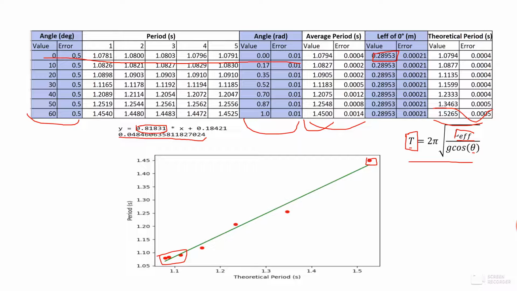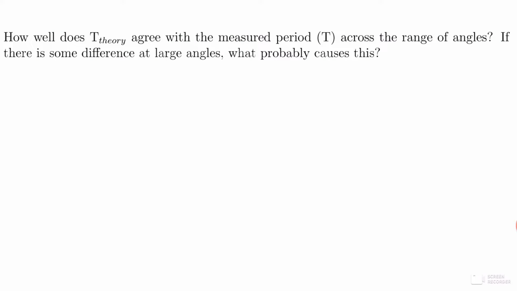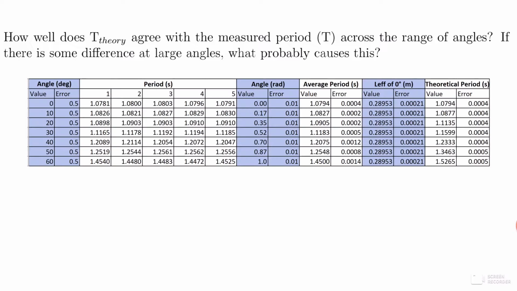And the ones at the end, the ones at higher degrees, are actually the ones causing the most error here. Now, why doesn't it agree completely? It's because of the more extreme angles. Take 10 degrees, for example. The average period was 1.0827, and the theoretical period was 1.80877.